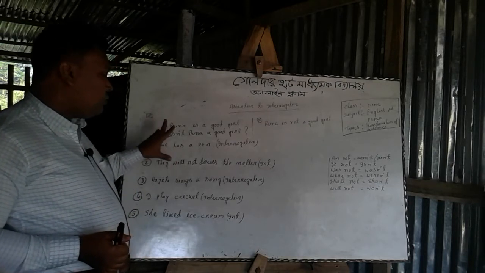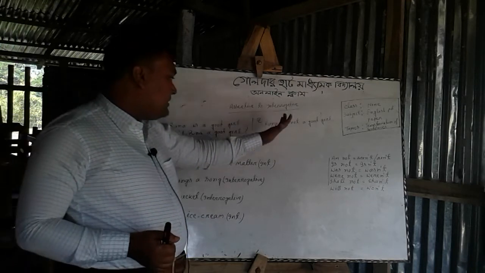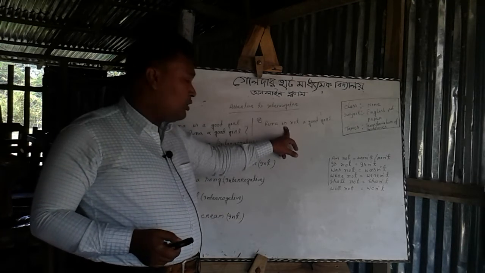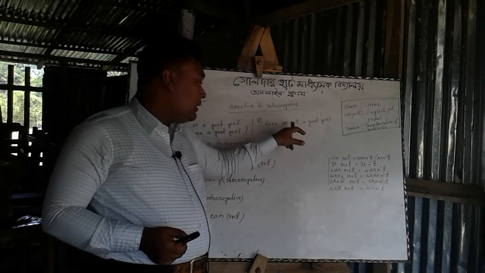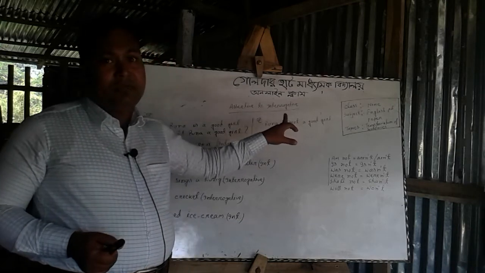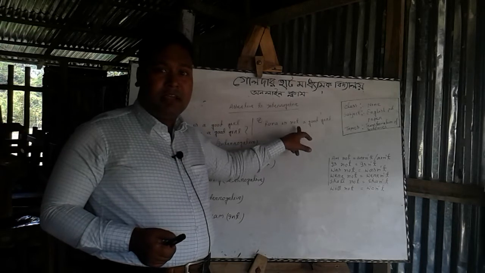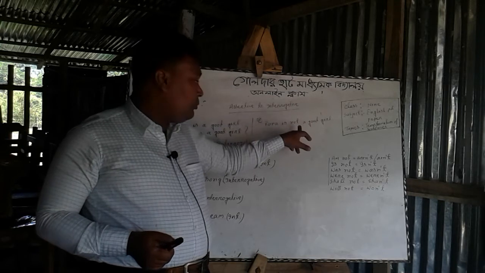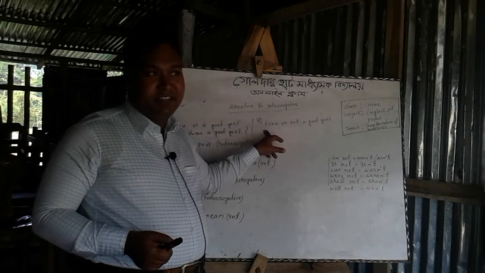In the same way we can transform the sentence on the right side. You see that here is also an auxiliary verb and not is used after the auxiliary verb. So if any sentence has an auxiliary verb and not is used after the auxiliary verb, then if we want to transform that kind of sentence into interrogative, we have to write only the auxiliary verb before the subject of that sentence.